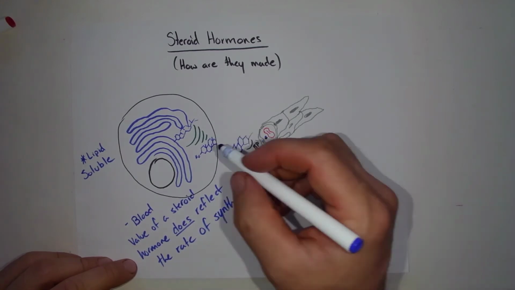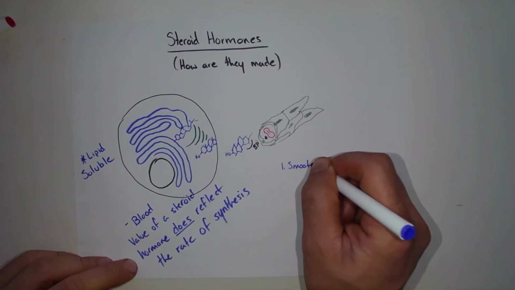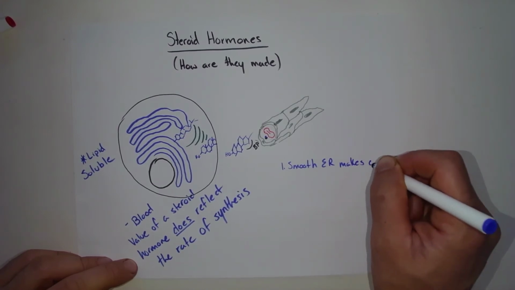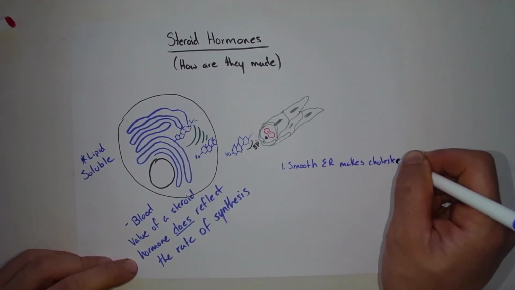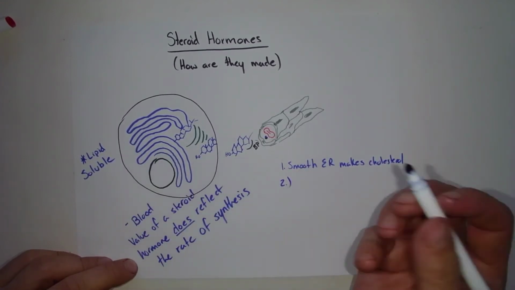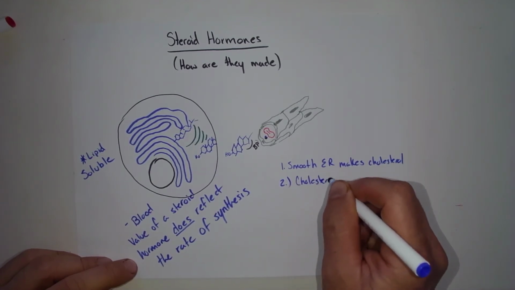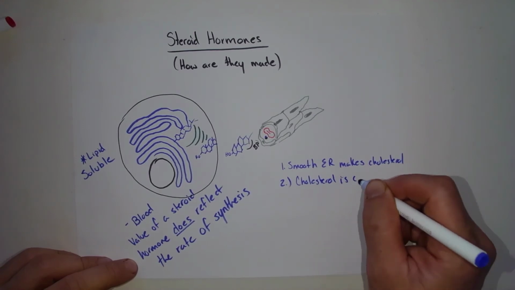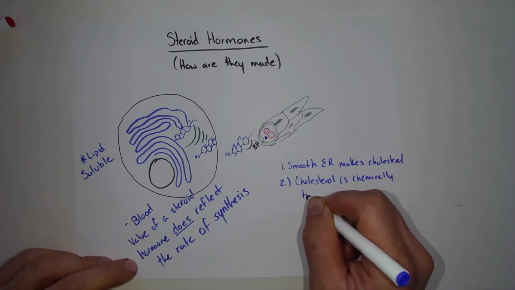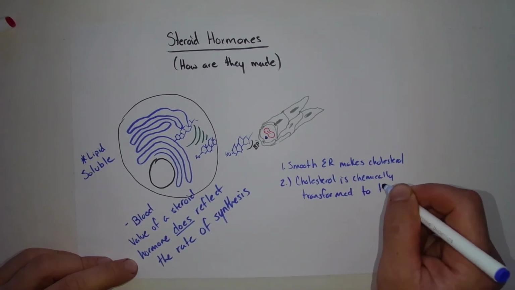So basically, the smooth ER makes cholesterol, and then somehow, either in the smooth ER or by the Golgi apparatus, cholesterol is chemically transformed to the steroid hormone.